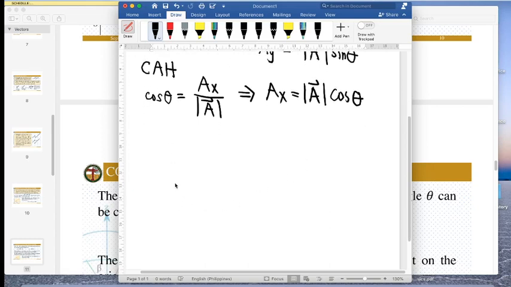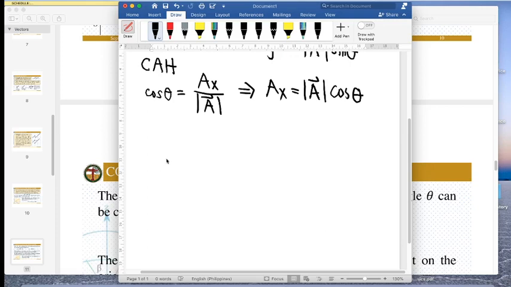So how to do this one? You just have to remember SOHCAHTOA. So I have here your x at saka your y axis. Mag-stick lang tayo sa 2 dimension. Tapos your angle is oriented like this one. So this is your vector, say A. Tapos yung angle mo is ganito.